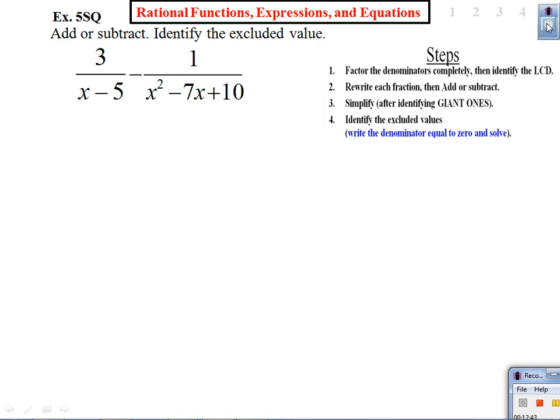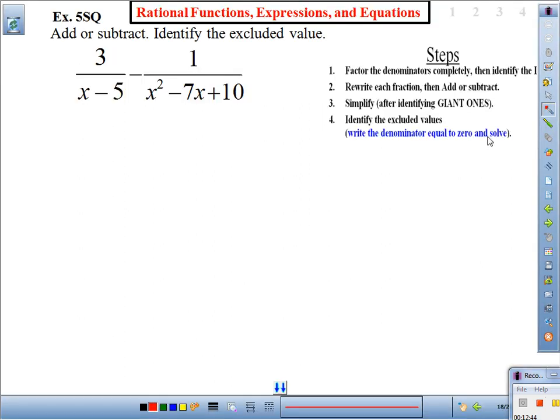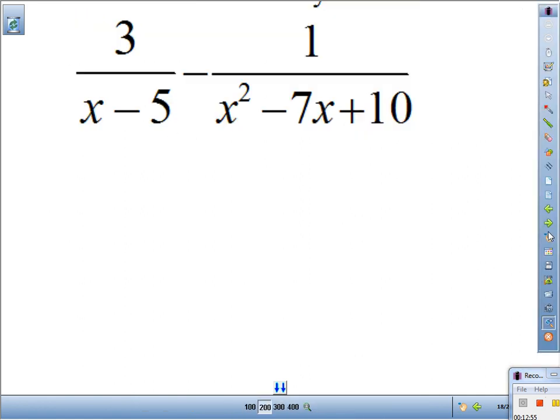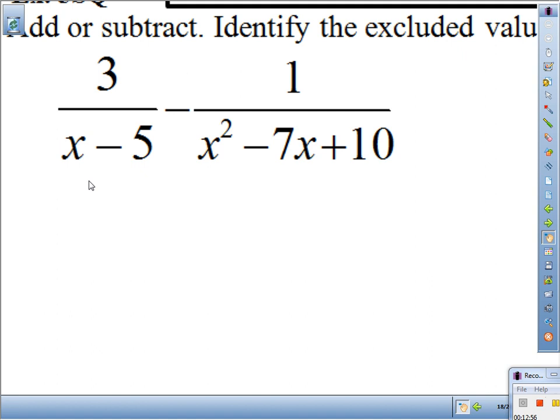All right. Here we go. Once again, according to the steps, it says factor the denominators. Look at the first denominator. Let me zoom in. X minus 5. Question. Could that be factored some more? Tell your neighbor, please.